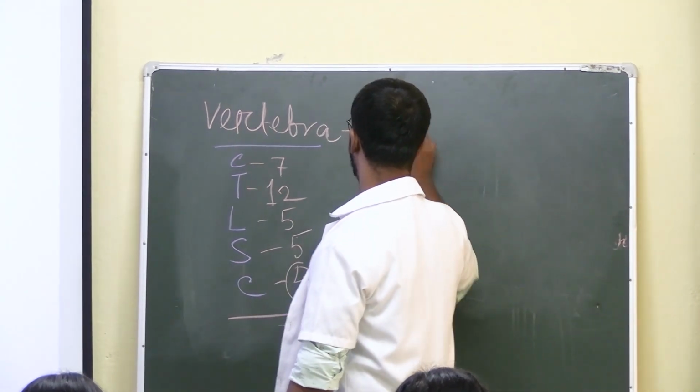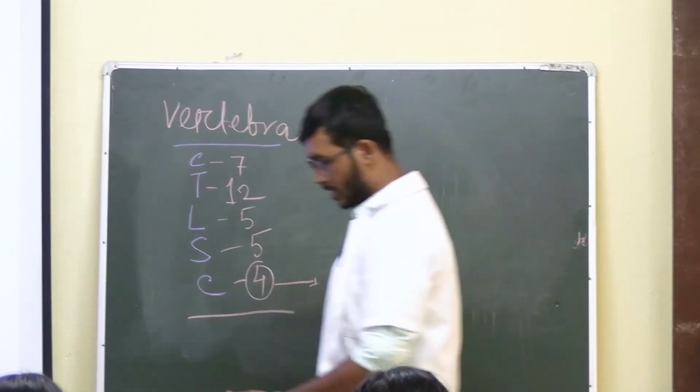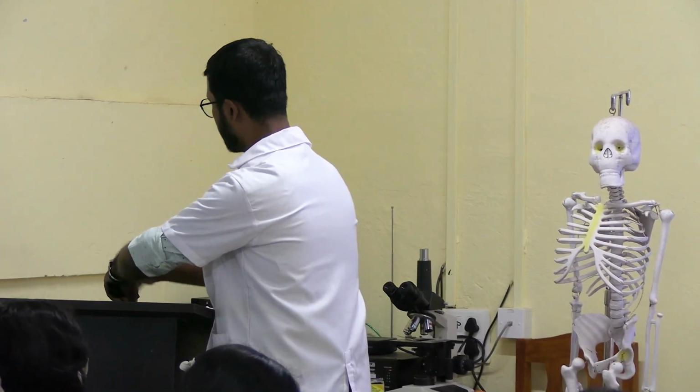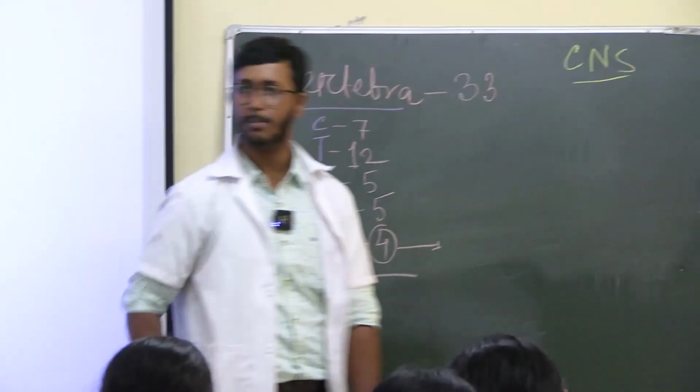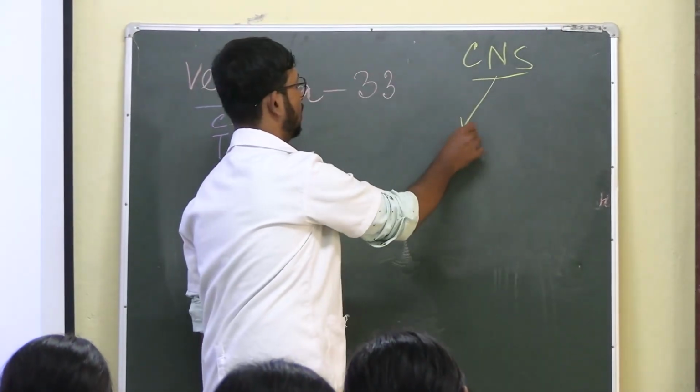vertebrae. Now the next thing that you should know is about the spinal nerves. The entire central nervous system is divided into our brain and spinal cord.